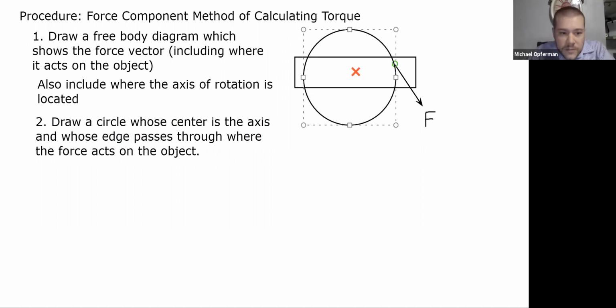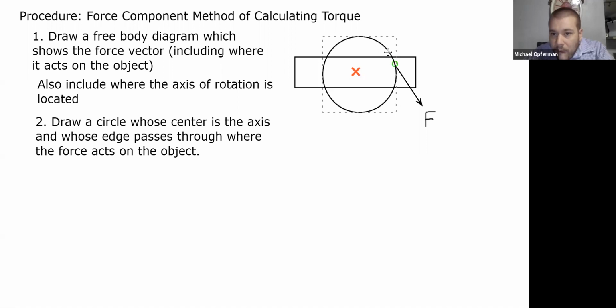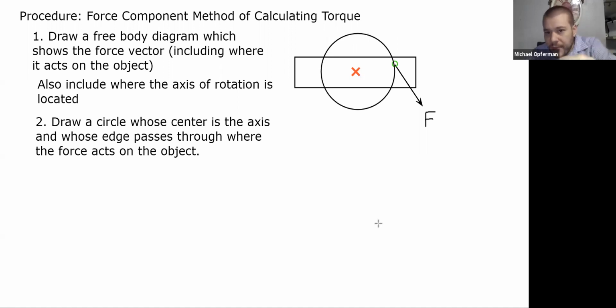Let me make a little bit of a smaller circle, about like that. The two key features of this circle: the X, the axis of rotation, should be at the center of the circle, and this little green mark, which shows where the force is acting on the object, should be on the perimeter of the circle. So this circle is basically the possible rotation of the object as it goes back and forth.